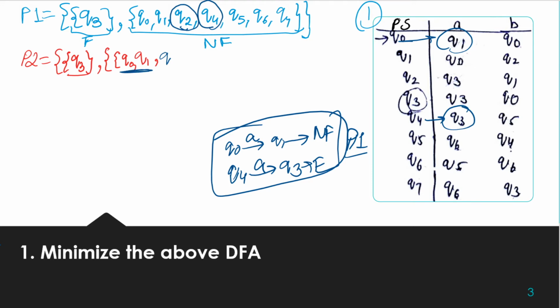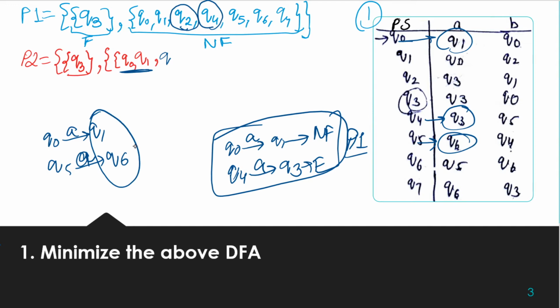Now let's check the compatibility of Q5 with Q0. Q0 is moving to Q1 for input symbol A, and Q5 is moving to Q6. Both states Q1 and Q6 are part of non-final states from partition 1.